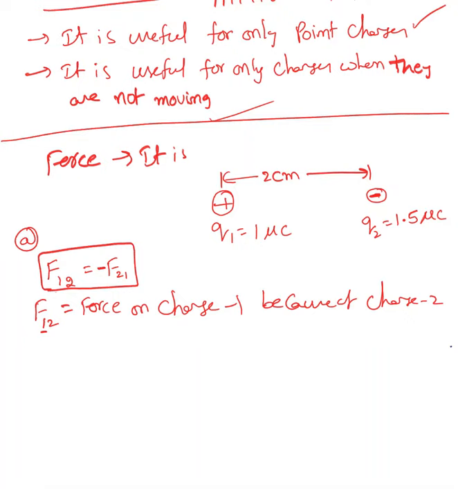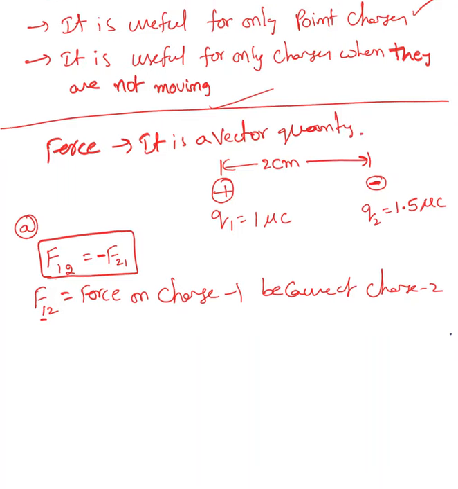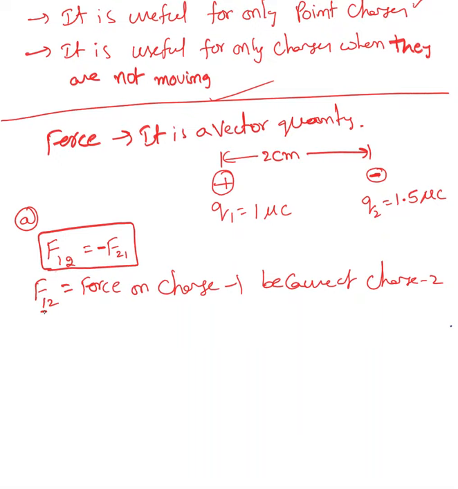I will talk about it in a minute. Sorry about my writing skills. So F12 is the force on charge 1 because of charge 2. Same way, F21 is the force on charge 2 because of charge 1.